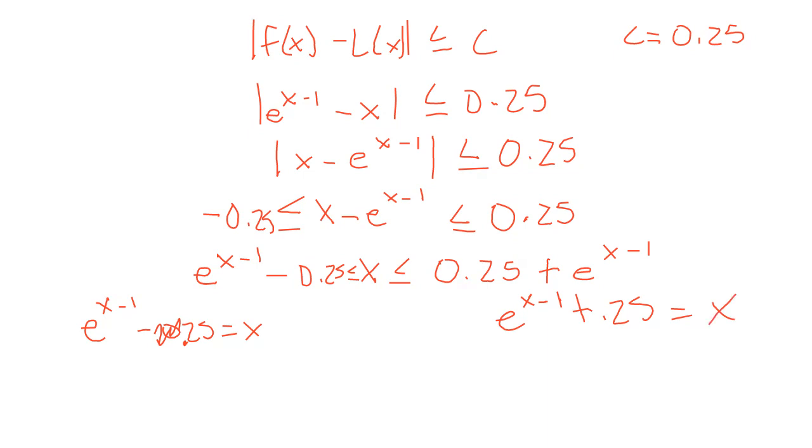Essentially what this means in a graphic sense is we can shift our initial function up or down and see where that intersects with our initial linearization. So let's say we have our initial function.